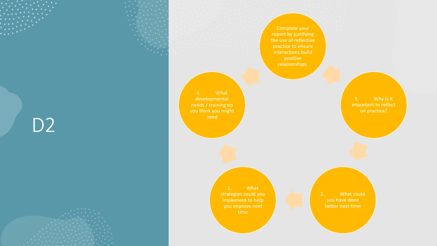So you could say things like videoing your performance and watching it back, getting colleagues or peers to observe you, also completing sheets on your performances, so feedback sheets. And number 4, what developmental needs or training do you think you might need for the future? These are all vital in helping you secure the higher grading criteria of distinction.